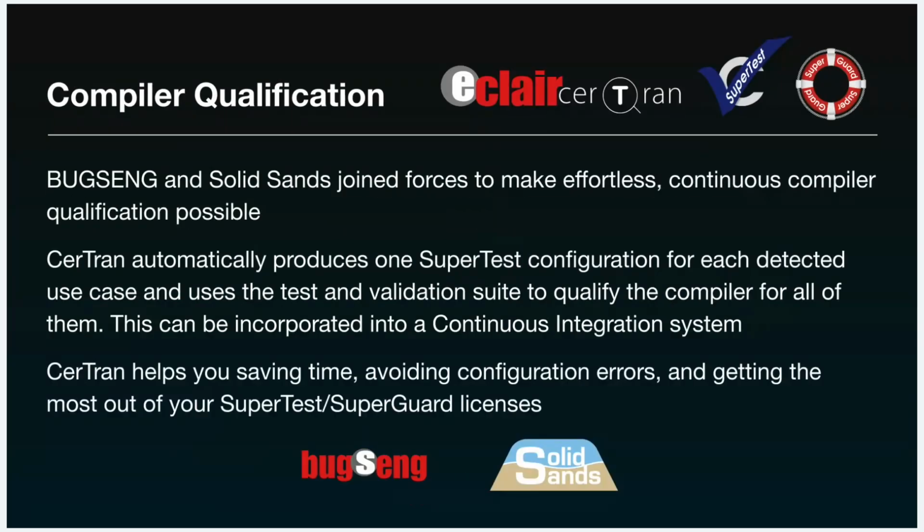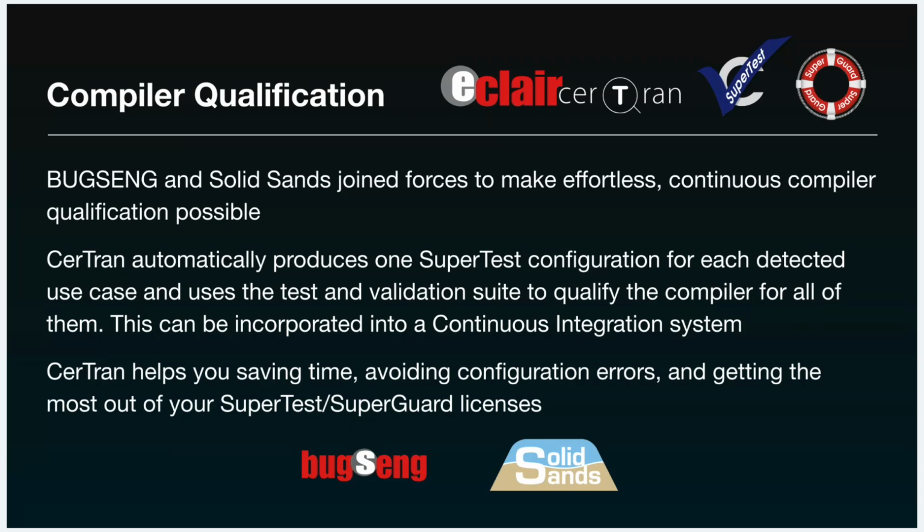For automating compiler qualification, we have CertRun, which is born in collaboration with our historical partner SolidSense, leader in the market of compilers and libraries qualifications. Compilers have hundreds of options, and the code that is generated depends on these options.